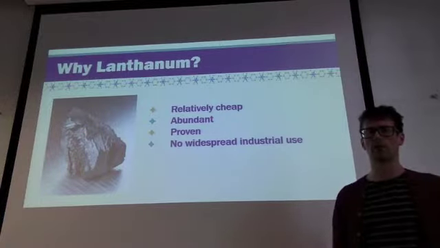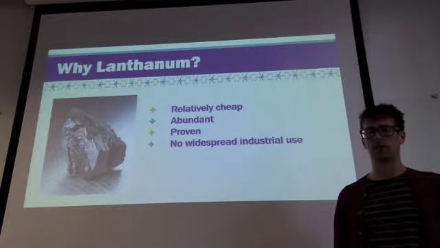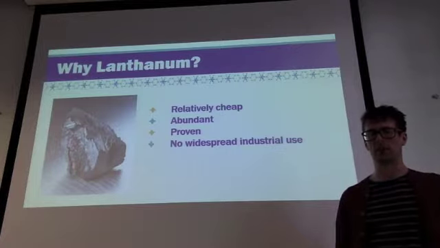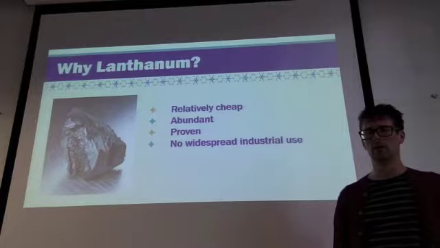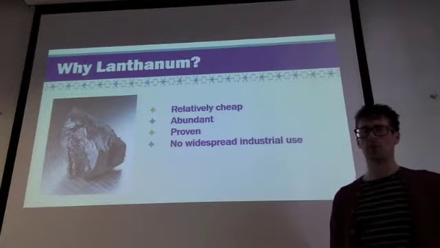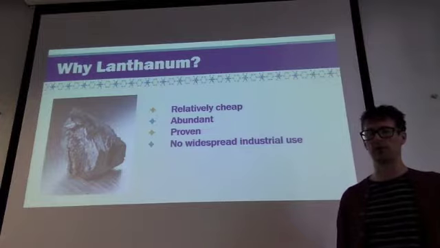Lanthanum belongs to a family of metals called the rare earths, although in itself it is in fact quite naturally abundant. Now, rare earths are mined together as a mixed ore, and the individual metals are then separated and purified. Some rare earths, such as neodymium, already have quite widespread industrial uses, and this is reflected in the market price of their oxides.